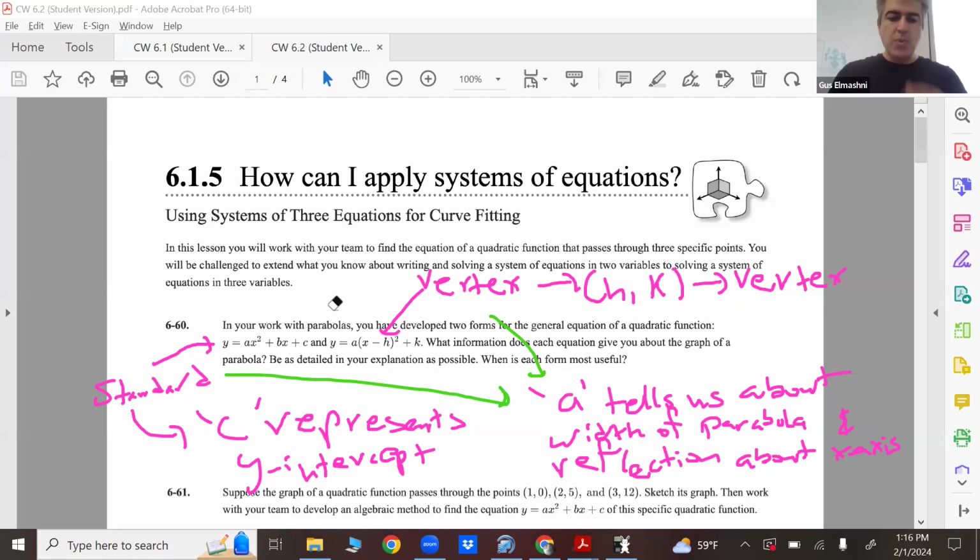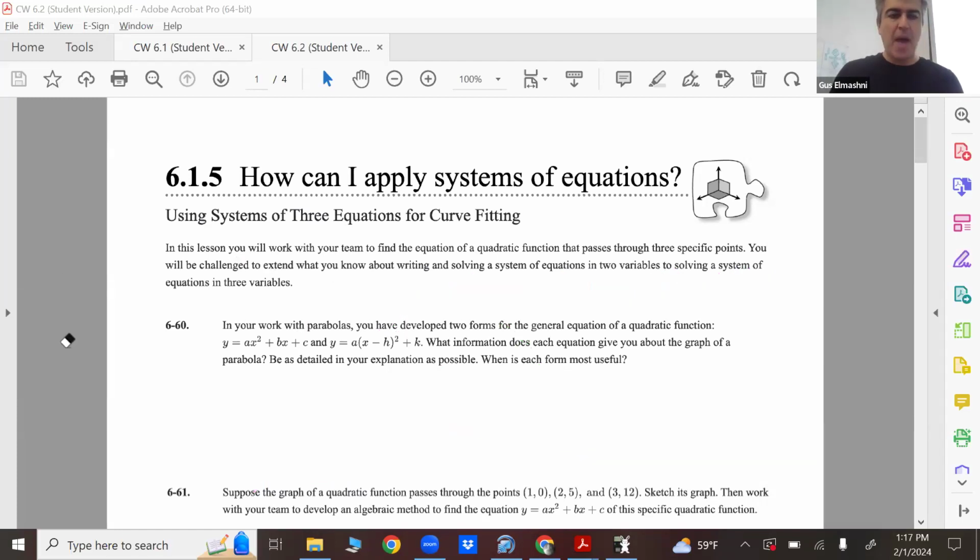So which one is most useful? I mean, it really kind of depends. I would probably argue that this might be most useful.